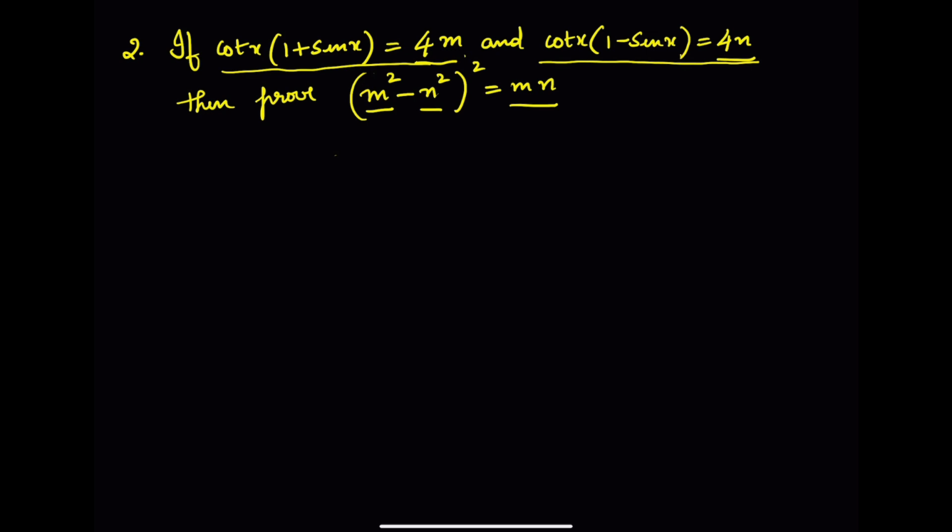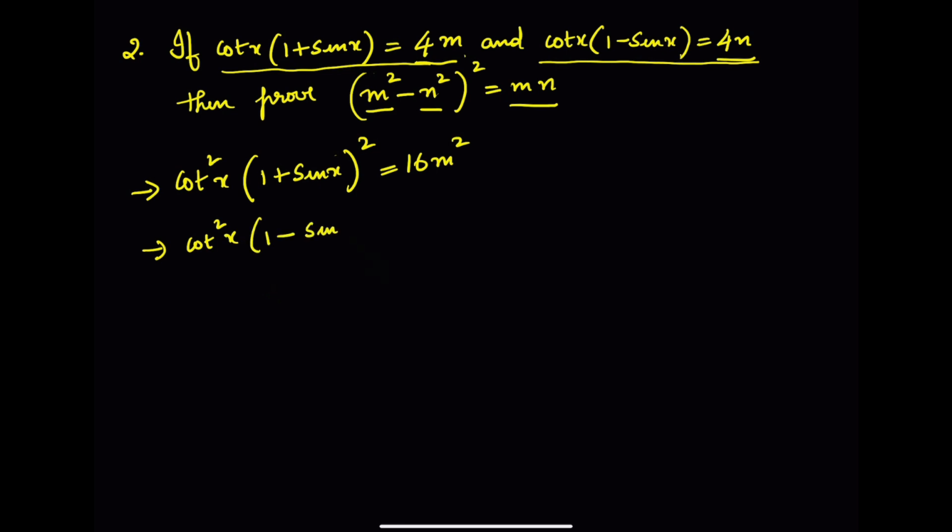So let's square them. So we would get cot square x times 1 plus sin x the whole square is equal to 16m square, and the second part of the equation we would get cot square x times 1 minus sin x the whole square is equal to 16 n square.